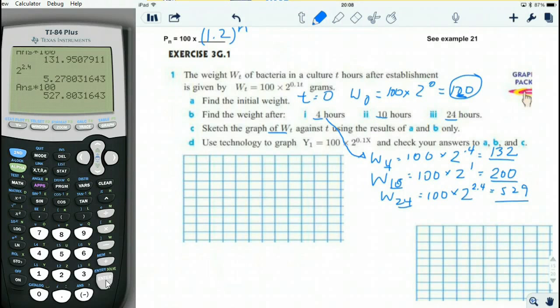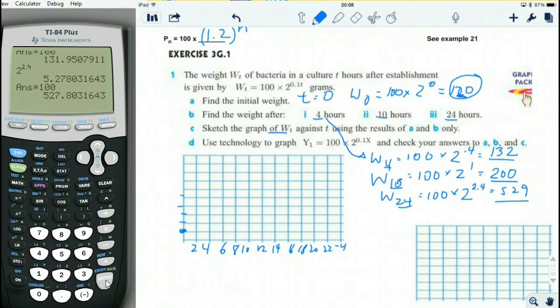Okay, so let's try to graph this here. So one of our points is 0, 100. Let's say that this is 100, 200, 300, 400, 500. So it's 0, 100. I'll mark that here. Then 4, 132. So let's say this is 2, 4, 6, 8, 10, 12, 14, 16, 18, 20, 22, 24.